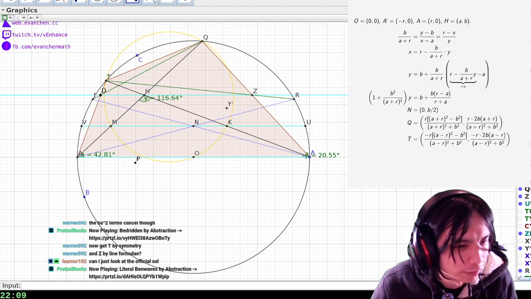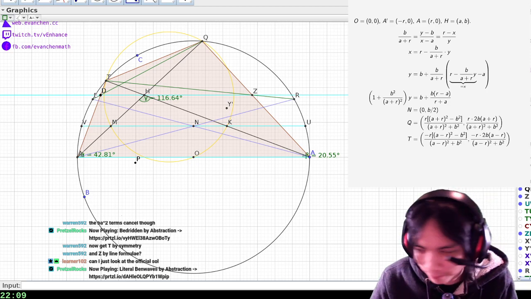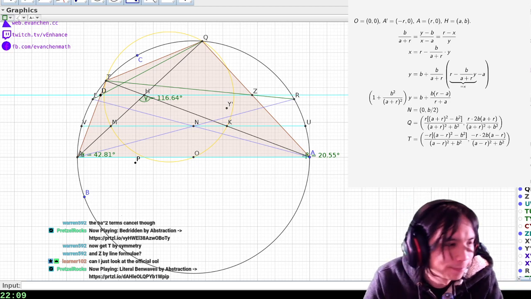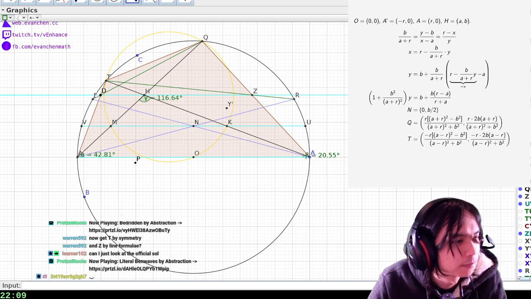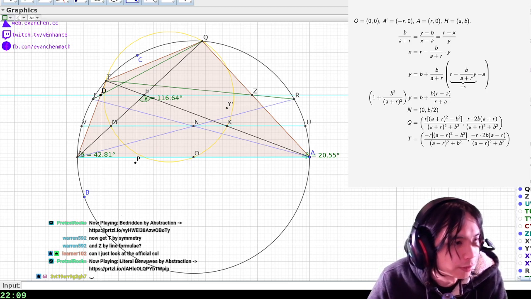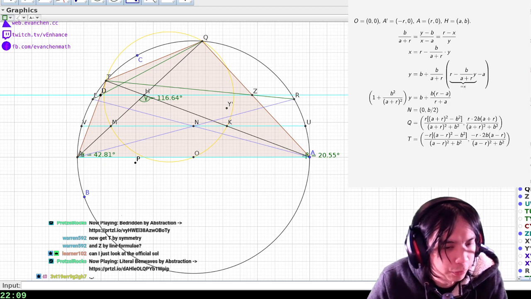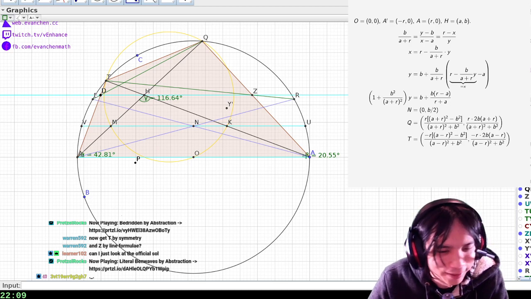It doesn't look very good though. Well, you gotta do what you gotta do. Okay, so Z has the same Y coordinate, and its X coordinate is something. That's very descriptive.